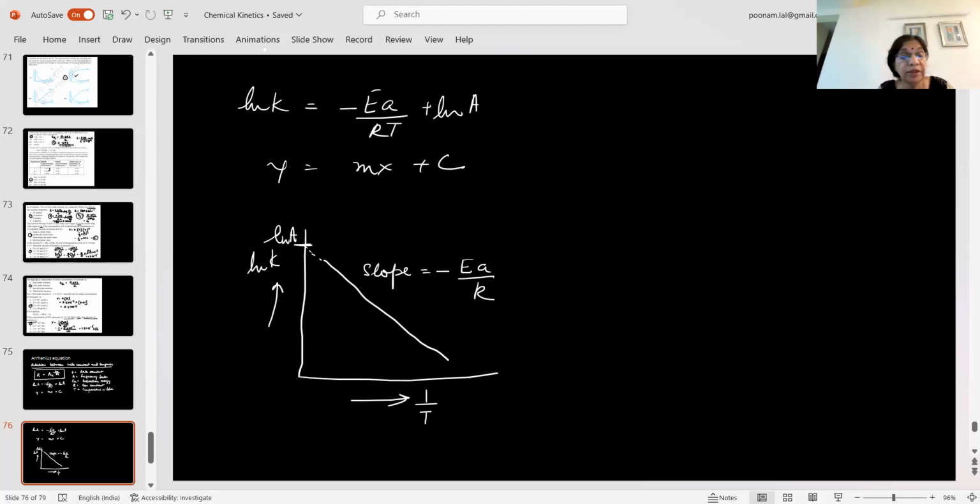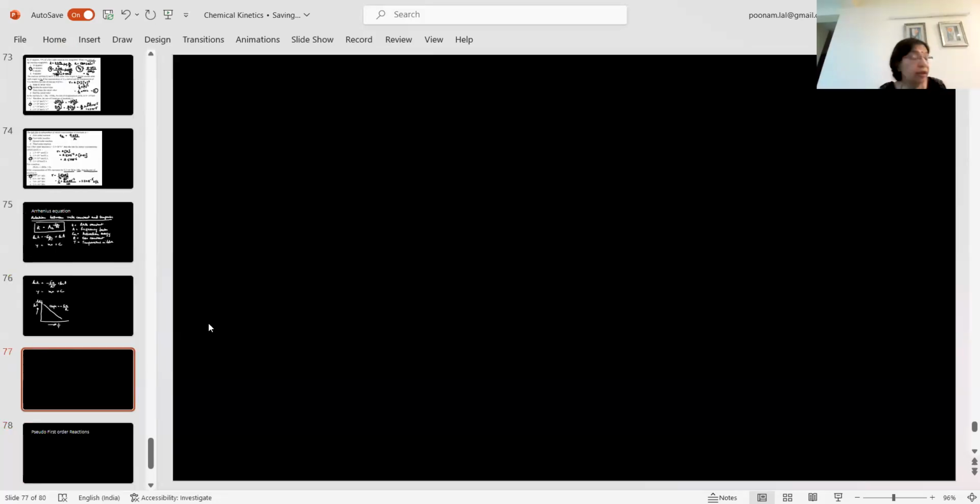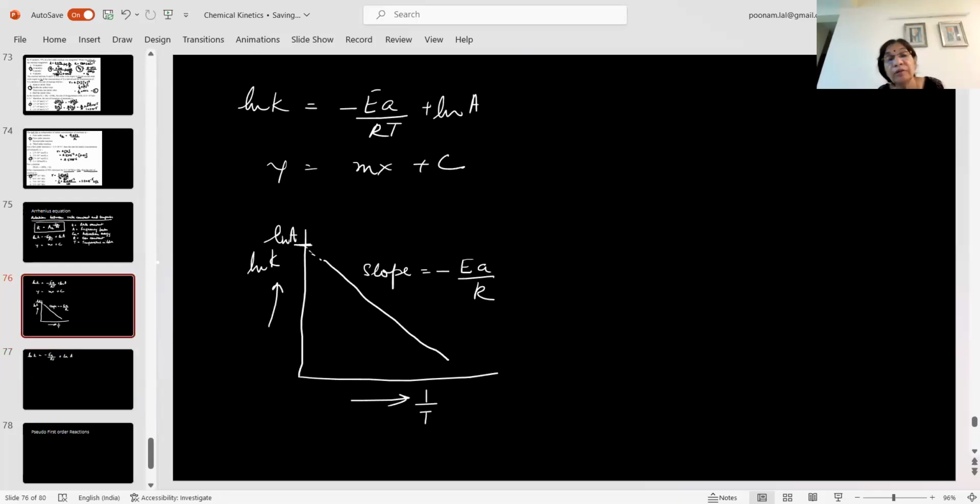Let me go to the next slide. So you see here it is ln K is equal to minus EA by RT plus ln A. Now, if in this graph I take two different temperatures, at T1 the value of the rate constant is K1, and at T2 the value of the rate constant is K2.